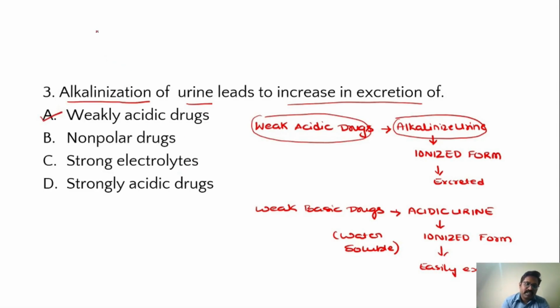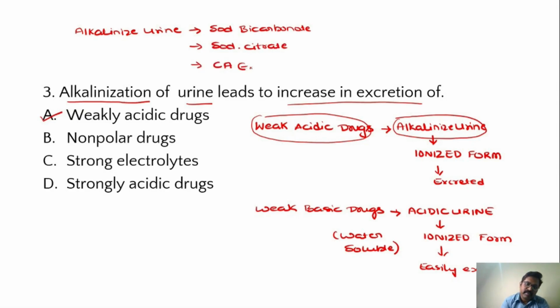Apart from that, please also remember which are the agents used to alkalinize the urine. You can use sodium bicarbonate, you can use sodium citrate, you can also use carbonic anhydrase inhibitor.